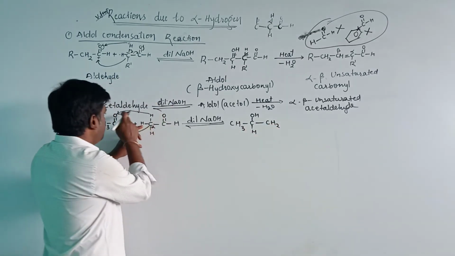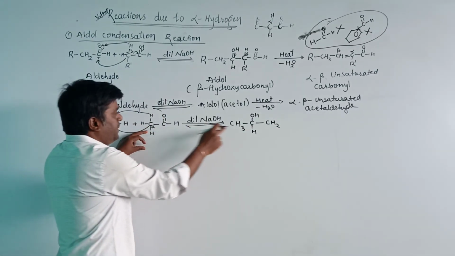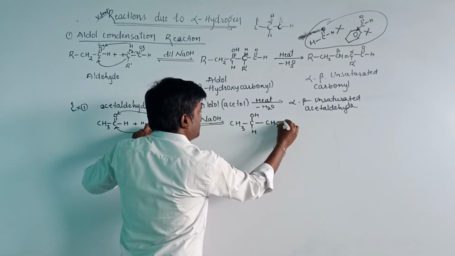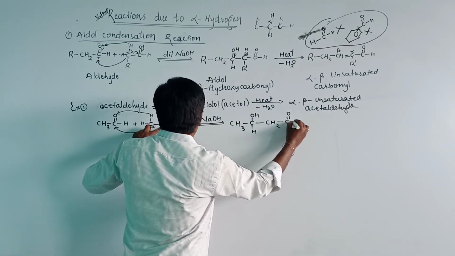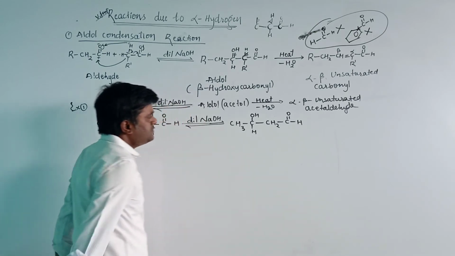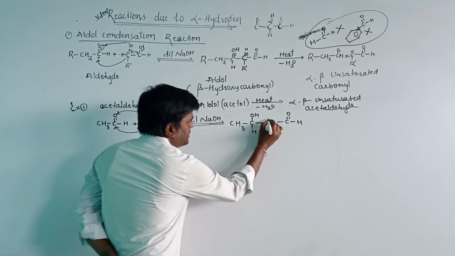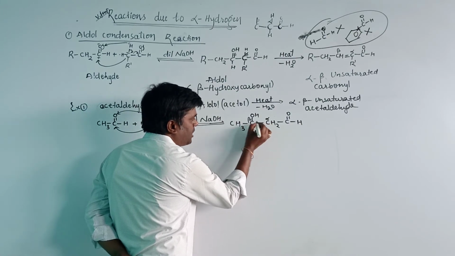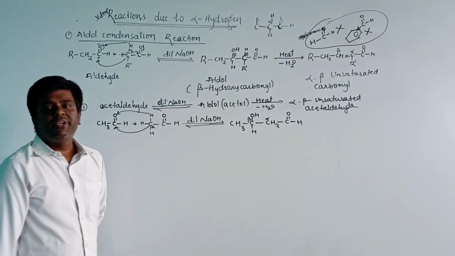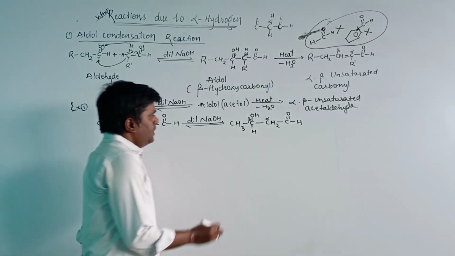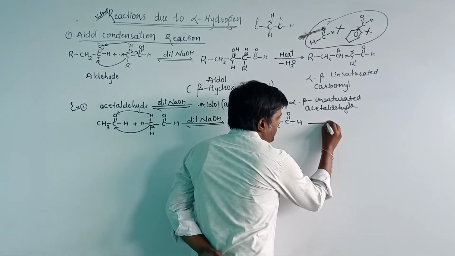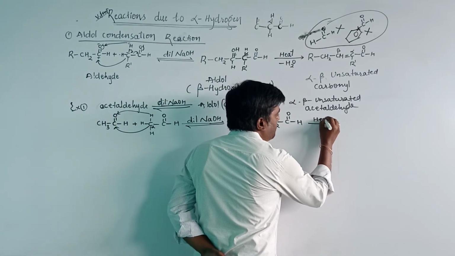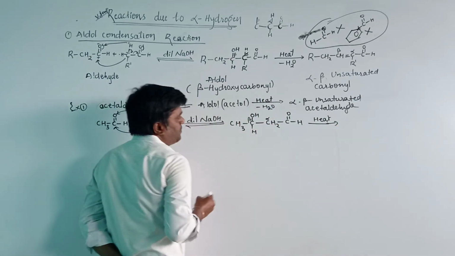CH2, one of the hydrogens will attach to the oxygen, then the remaining hydrogen is 2. When this compound is heated, the name of this compound is an aldol.